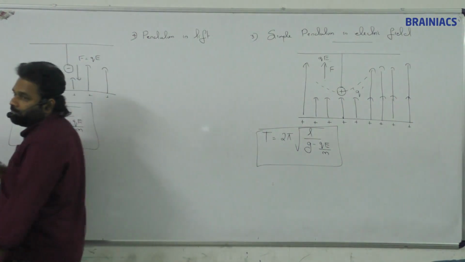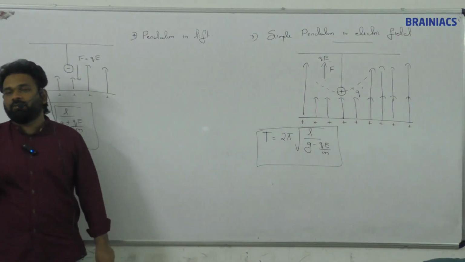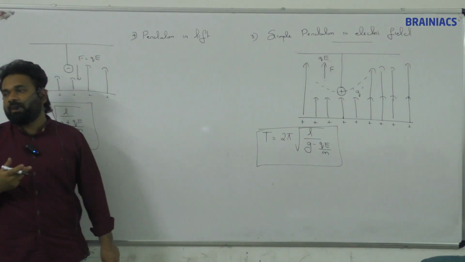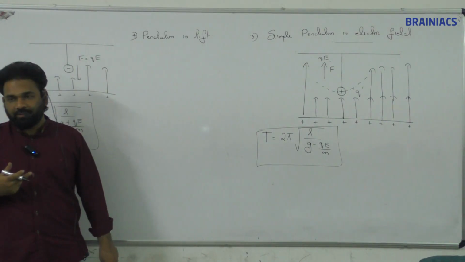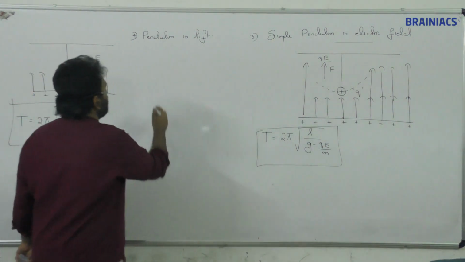Pendulum in a lift. It is the same case as laws of motion, the same case which we have discussed in gravitation. Fluids also we have discussed. Same logic here.